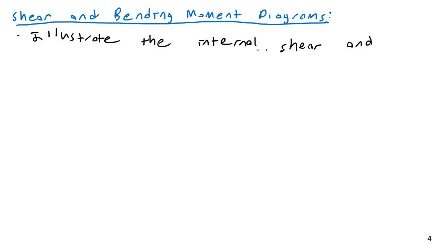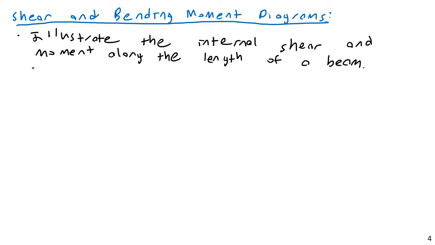The internal shear and moment along the length of a beam. And again, I will cover this in greater detail later in the semester. I just want to give a brief introduction here as a review, with more advanced cases later in the semester, especially via integration.